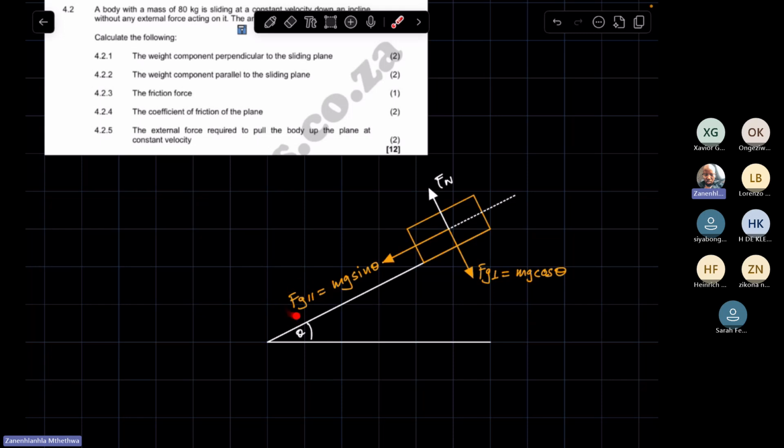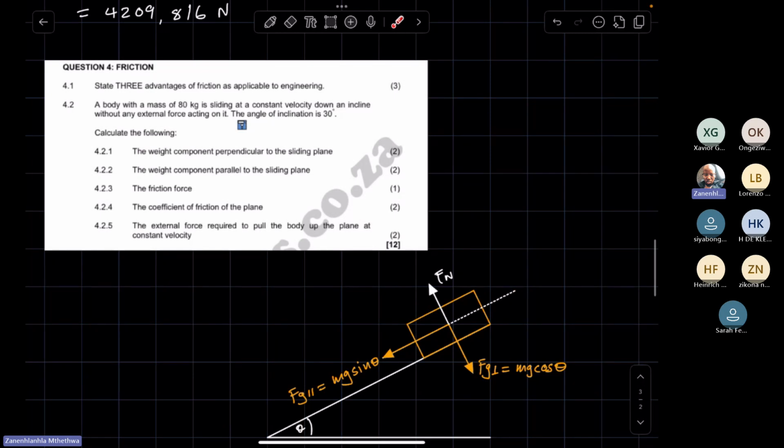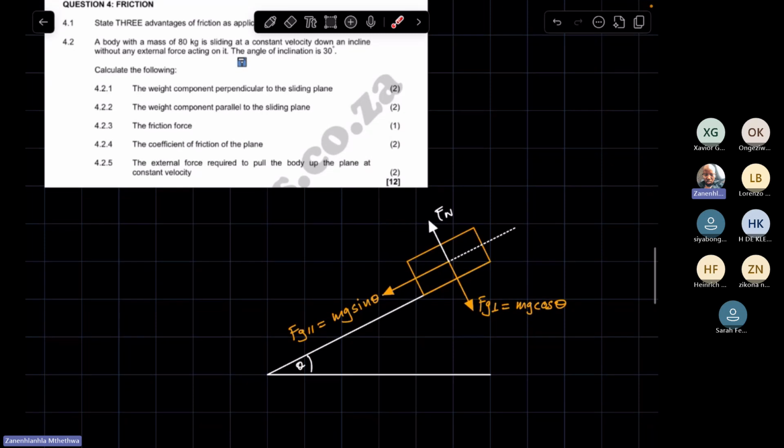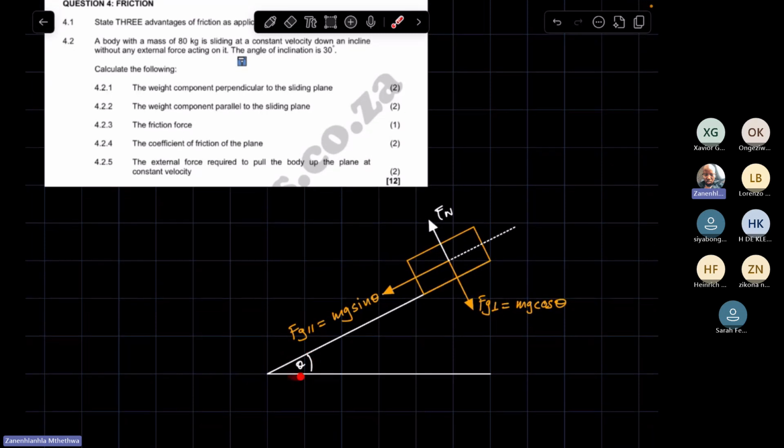Because of this component of the gravitational force. This can only happen if the angle of incline is the angle of repose. All right, so the angle of incline here is the angle of repose.